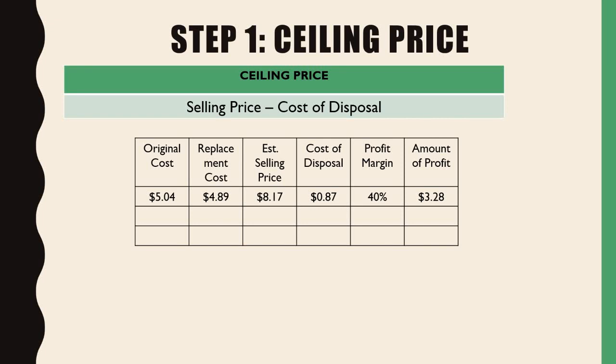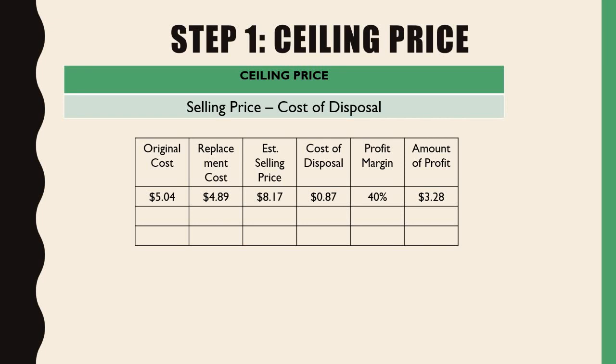The estimated selling price obviously comes from the sales representative, on how much you're willing to sell your item for, and your profit manager is going to tell you how much profit you're trying to get from the selling price. And then, of course, your cost manager is going to tell you, if you don't sell that item, how much is it going to cost you to dispose?